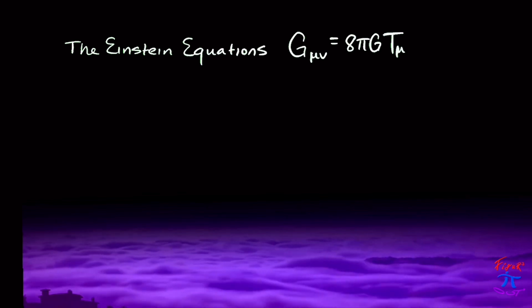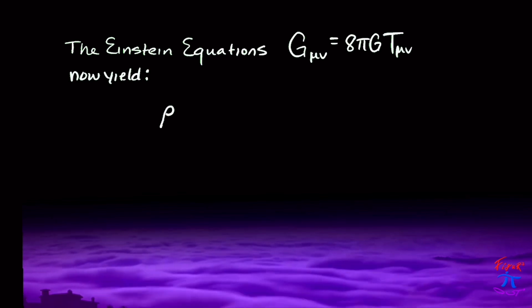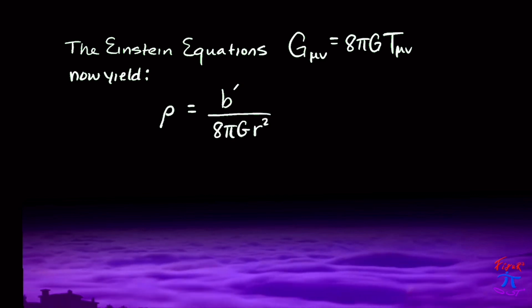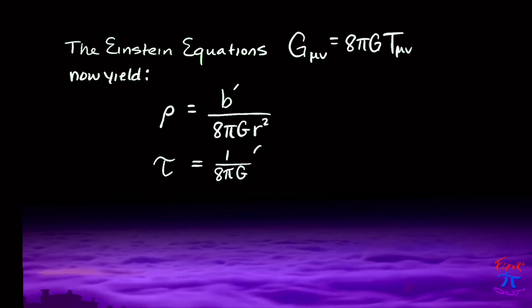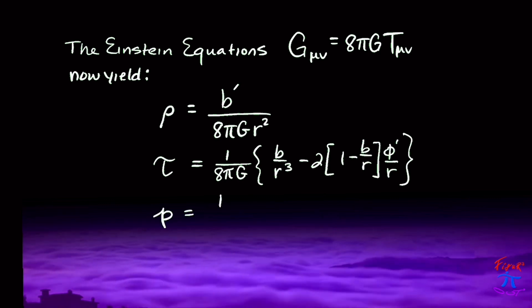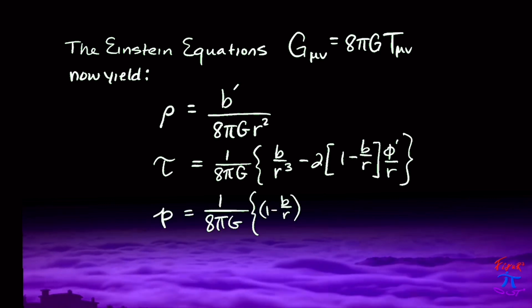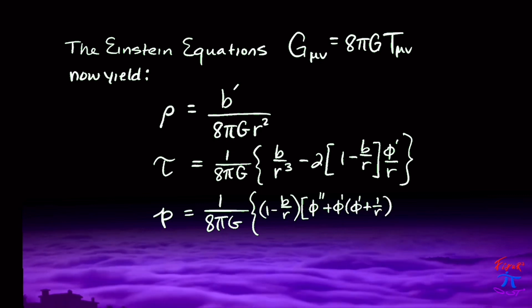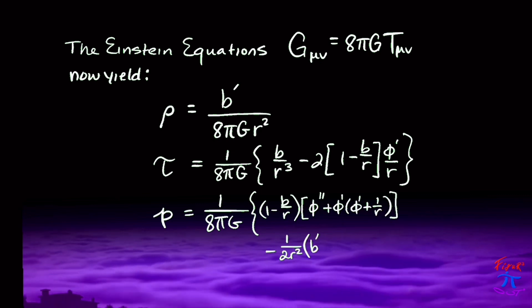The Einstein equations for general relativity, given here, G mu nu equals 8 pi G T mu nu, now yield the following system of equations in terms of these new variables, the energy density, tau, and p, our pressure.